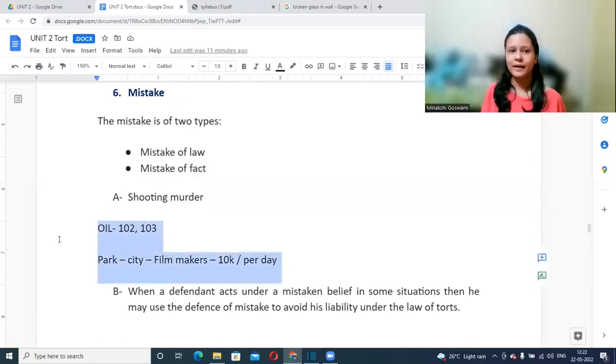So this defense is applicable for torts. This defense is applicable in case of contracts also, where a person just tries to escape the liability. Take, for example, a person goes to a dealer of oil.